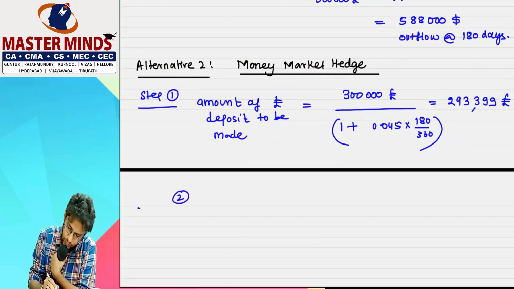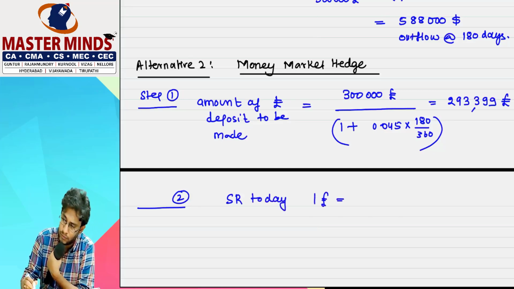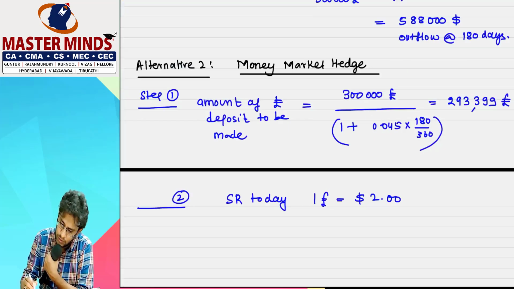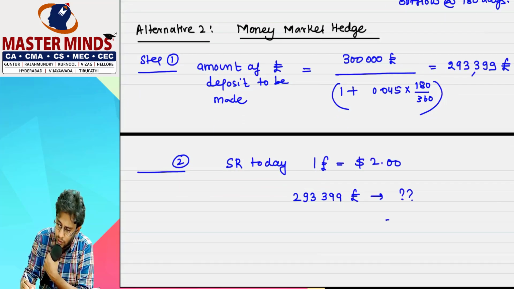Step number 2. Spot rate today 1 pound is equal to how many dollars? 2. So if I have to buy 399 pounds, it will cost me how much today, or how many dollars do I need? Double it.